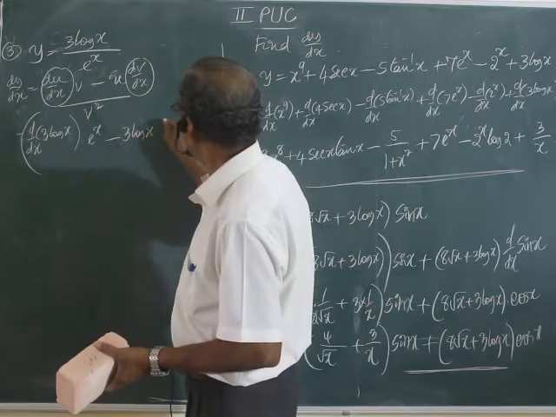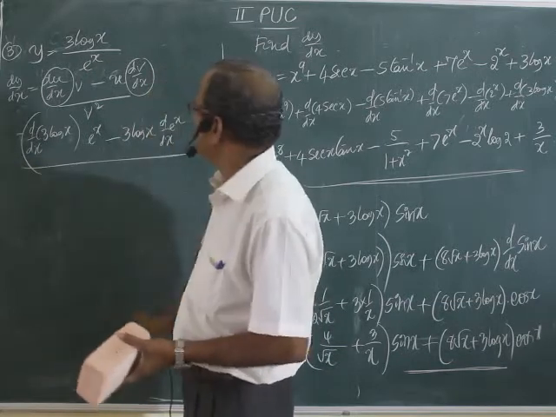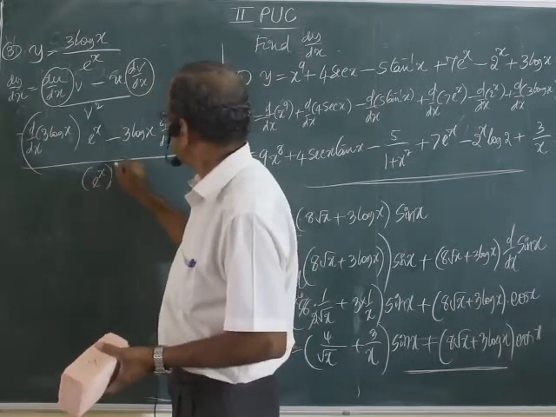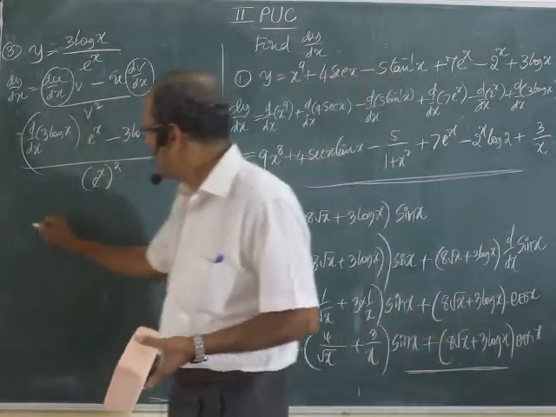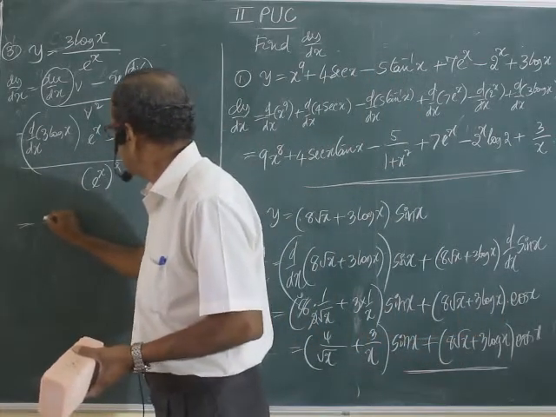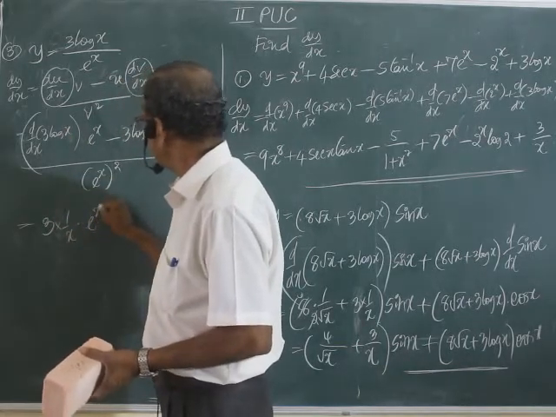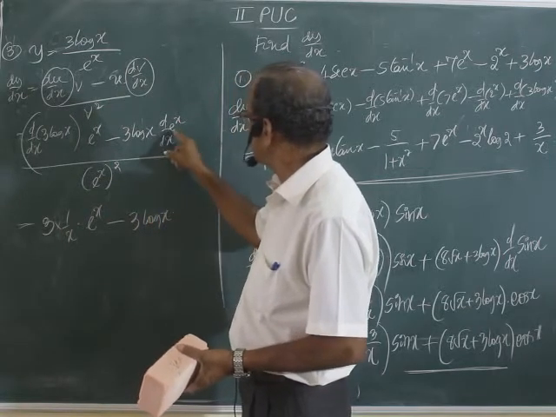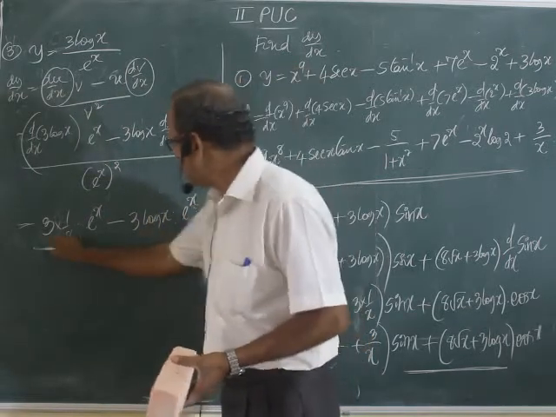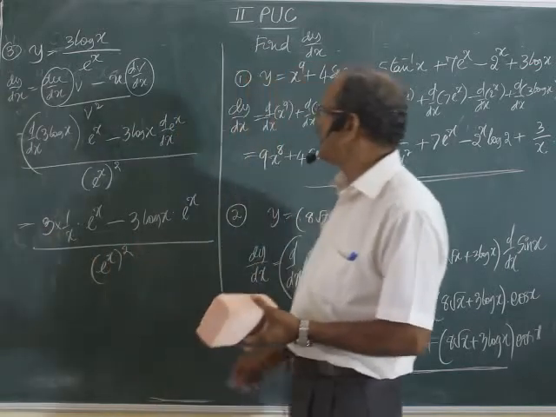Now 3 log x as it is, d by dx of e to the power x, denominator is e to the power x whole square. Answer is 3 into 1 by x into e to the power x, minus 3 log x into derivative of e to the power x, which is e to the power x itself, denominator square.